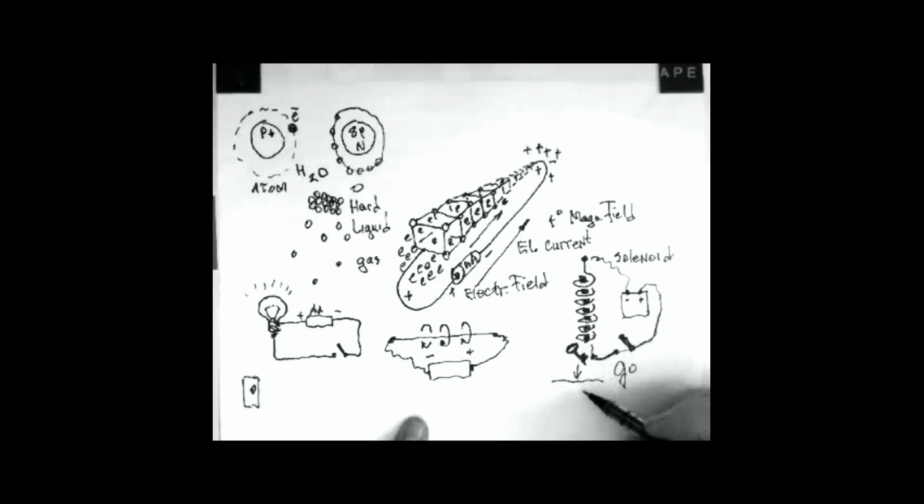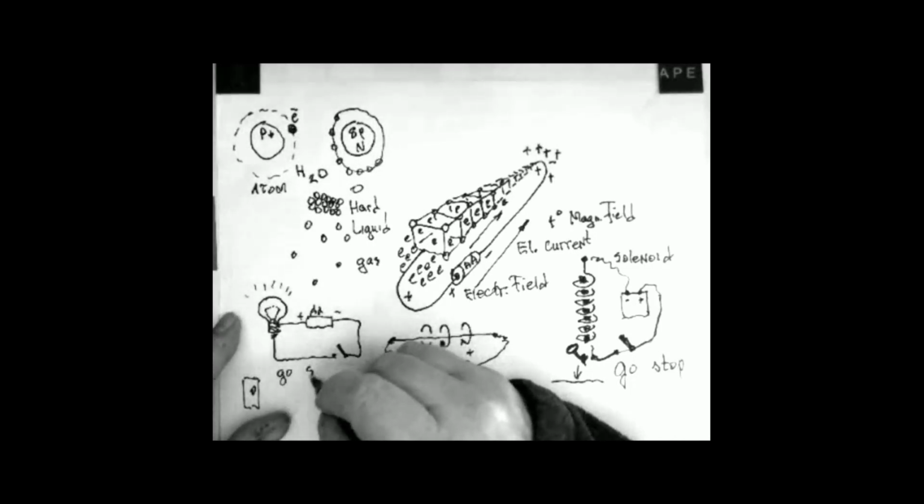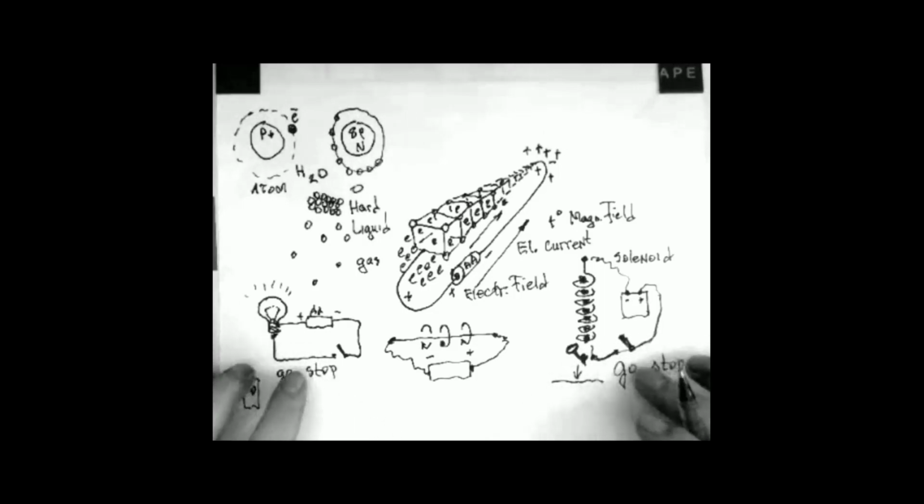When the key is on the table and it's not attracted to the solenoid, then you can say stop. The same is here. Light is on, go. Light is off, stop. Folks, in the computer, these two things are very, very important because people use this kind of conditions. But you can see here and here, these two devices, they have two conditions.